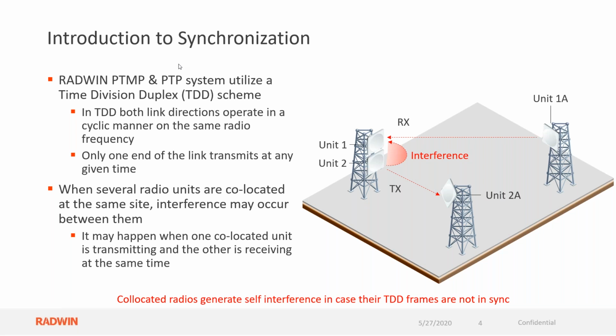This is the major problem. When several radios are collocated at the same site, interference may occur between them. It may happen when one collocated unit is transmitting and the other is receiving at the same time. The idea is either to listen or to transmit, but all the units on the same tower need to behave in the same manner, either transmit or receive.